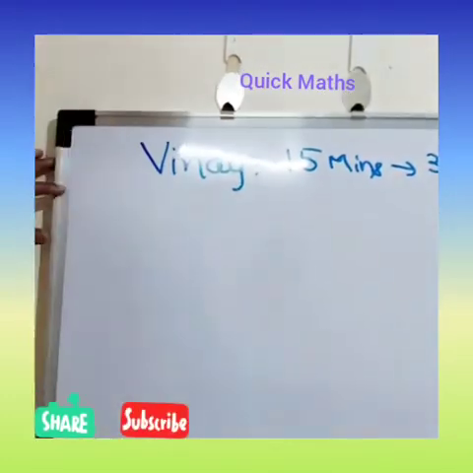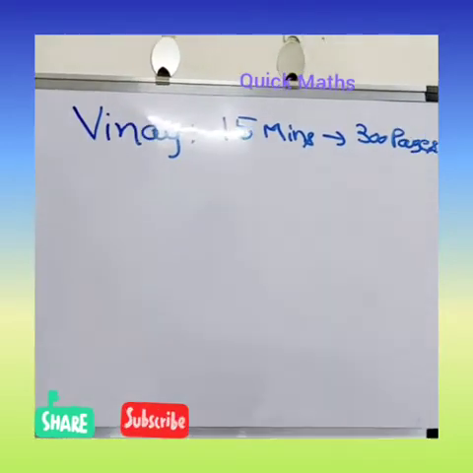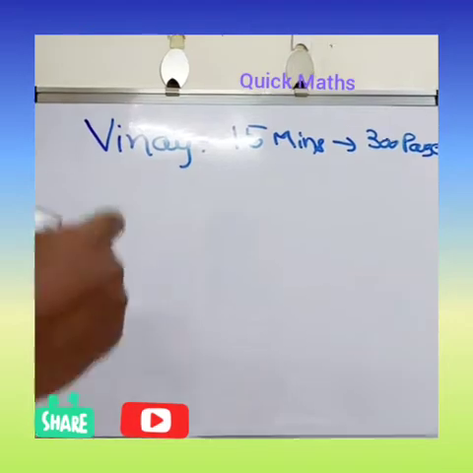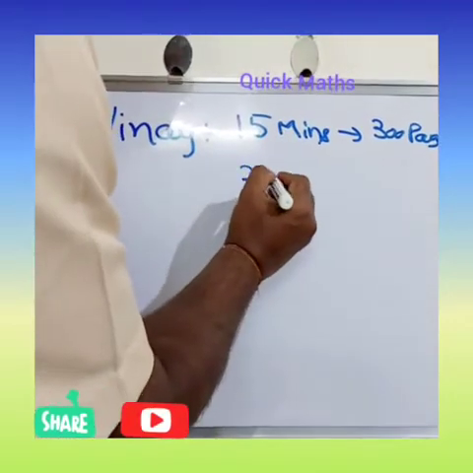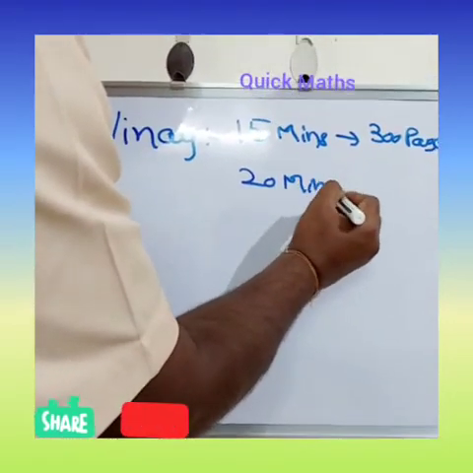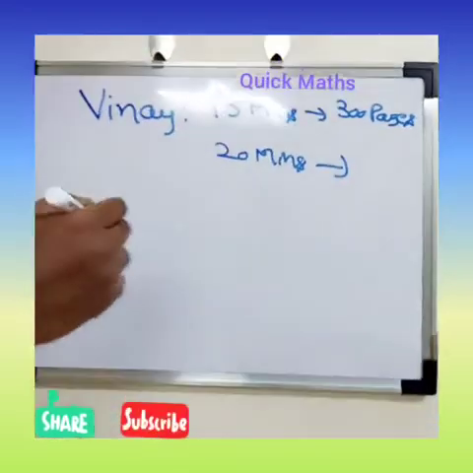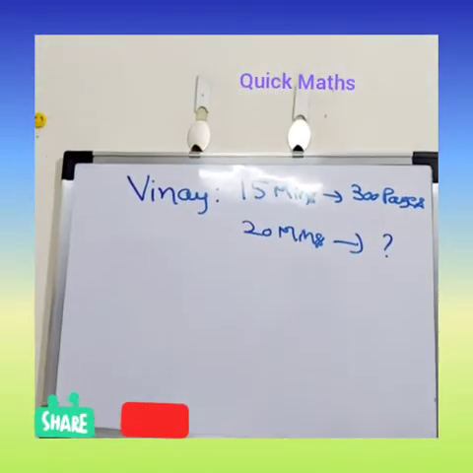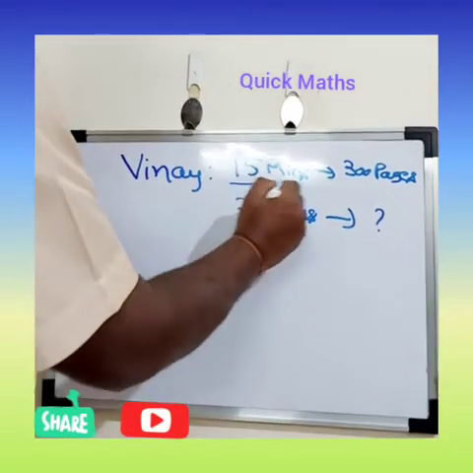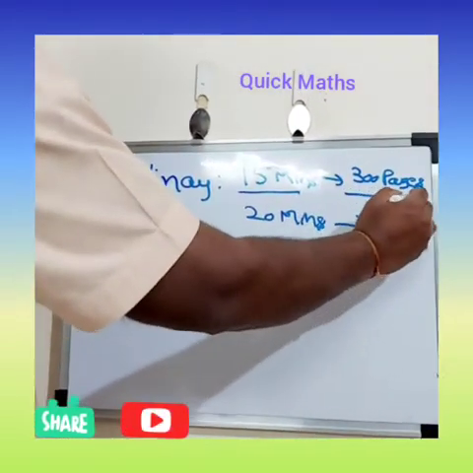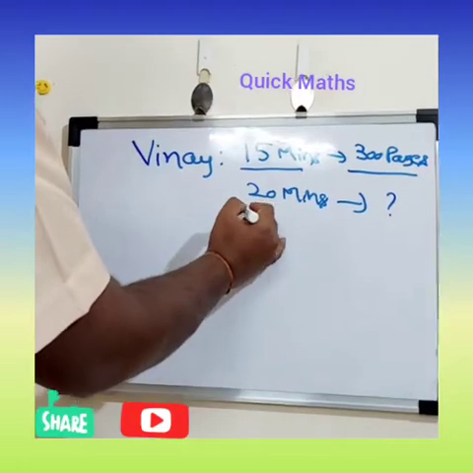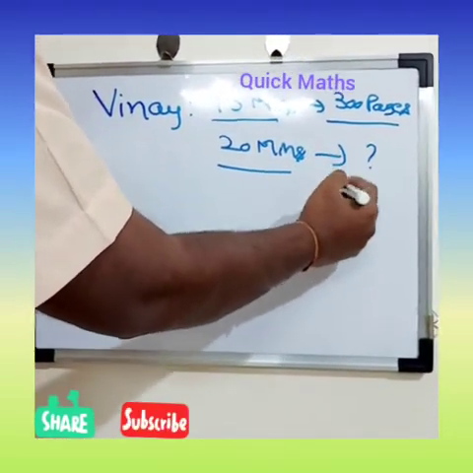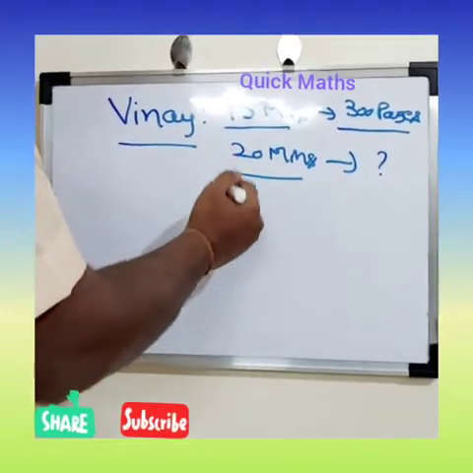Then, in 20 minutes, how many pages of the book will he read? It is direct proportion, because when the time is increased, automatically the number of pages read by Vinay will also increase.